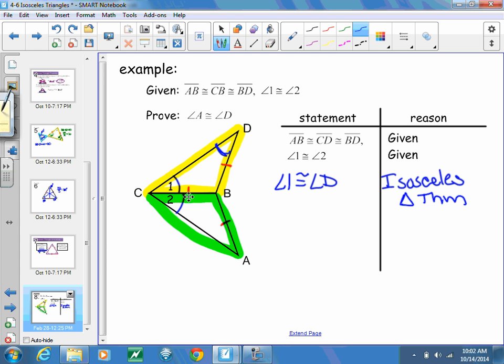Same thing goes here on the green triangle. If it's an isosceles triangle, because CB and BA are congruent to each other, this would allow me to say that angle 2 is congruent to angle A, once again because of the isosceles triangle theorem.